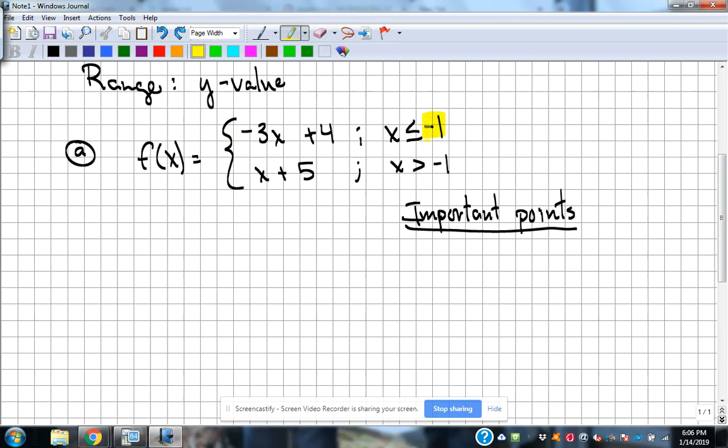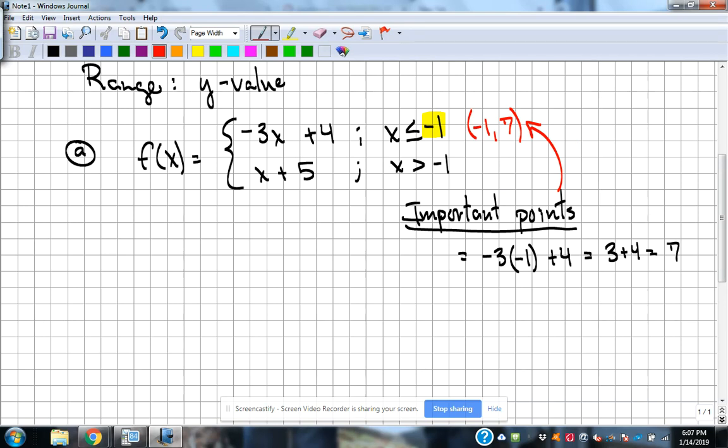The first piece has an important point at -1 for an x value. So what you've got to do is plug that in and find out, well, what is -3 times -1 plus 4? So that's going to give us -3 times -1 is +3, plus 4 is equal to 7. So there's an important point for the first piece at -1, 7. Okay, that's an important point.